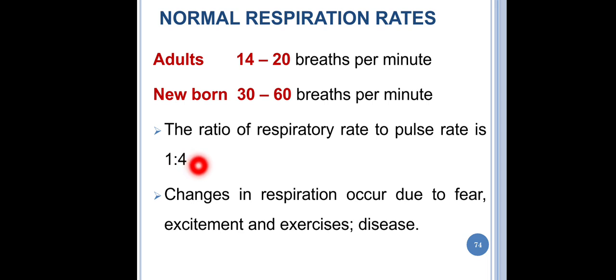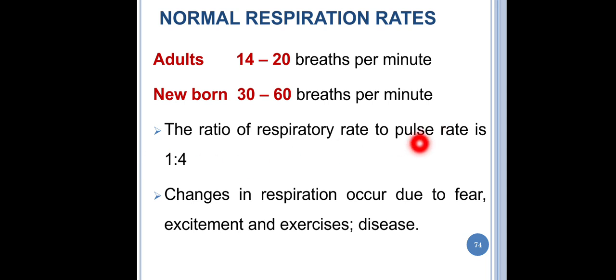So what does this mean? This means that the respiration rate is 4 times less than the pulse rate, or the pulse rate is 4 times more than the respiratory rate. Sometimes people use respiration to predict the pulse rate, or use the pulse rate to predict the respiration rate, but of course those are not accurate measures.